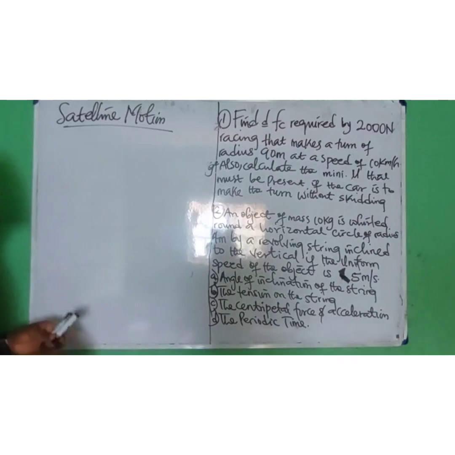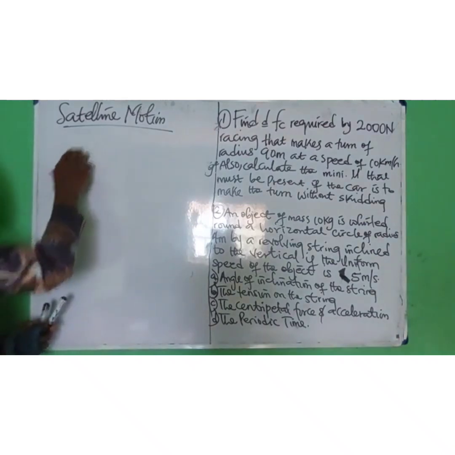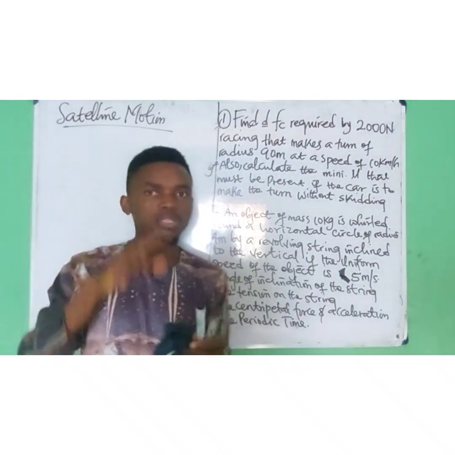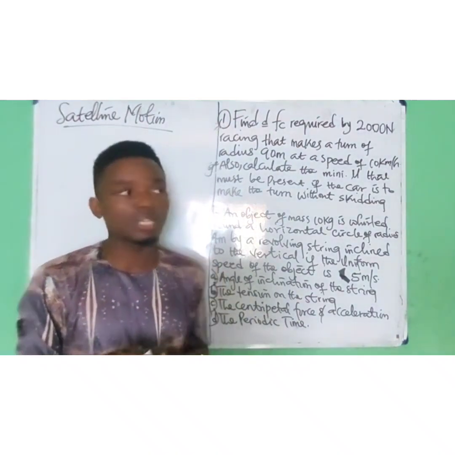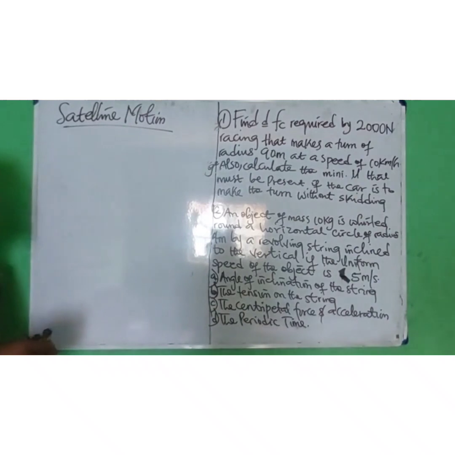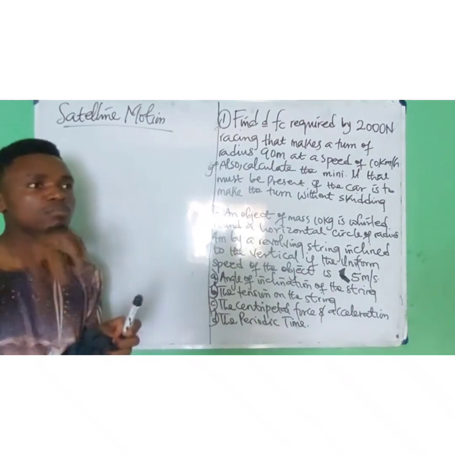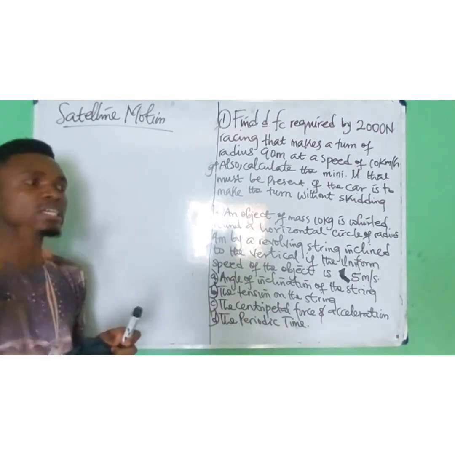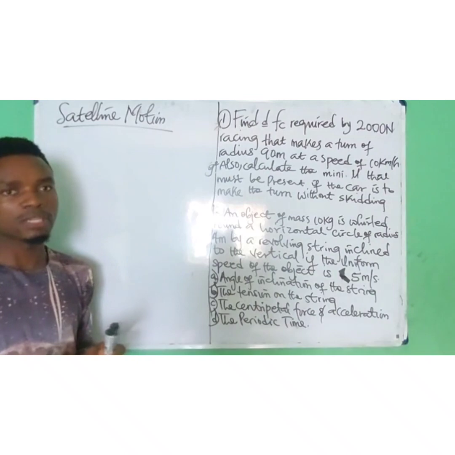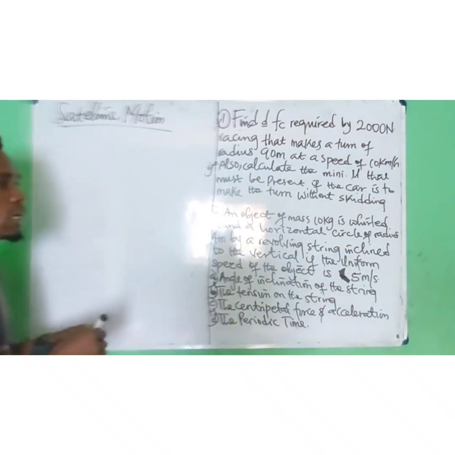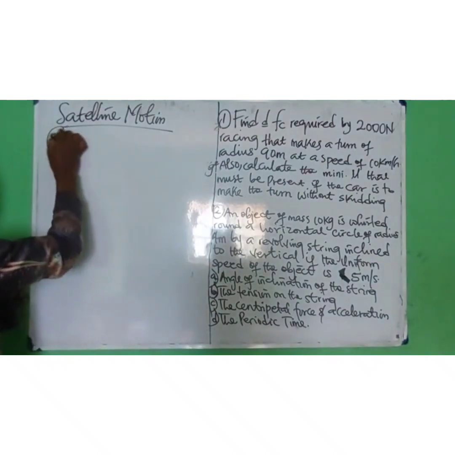Take note of that. Now, satellites are actually meant to rotate circularly about their axis. For it to rotate circularly, something must be behind the circular movement of it. So, what do you think keeps it moving circularly? It is gravitational force.